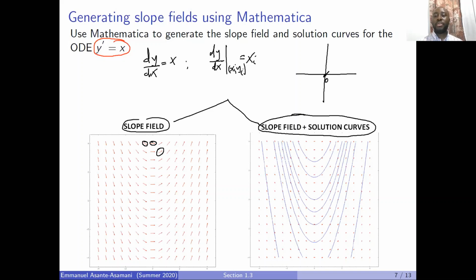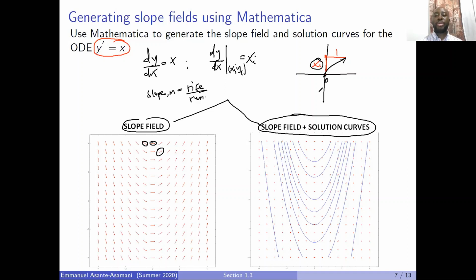So if I'm at 0, and if I want to construct a vector that has a slope of xi, what can I do? Remember, the slope of a line is rise over run. Okay. And so if I want to have a slope of xi, then I better rise xi units and run 1 unit. This way, the vector that I generate will have a slope of, I mean, of xi.